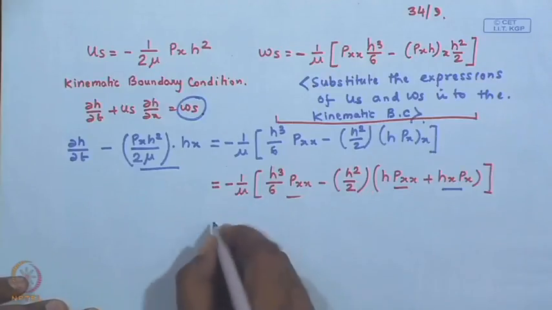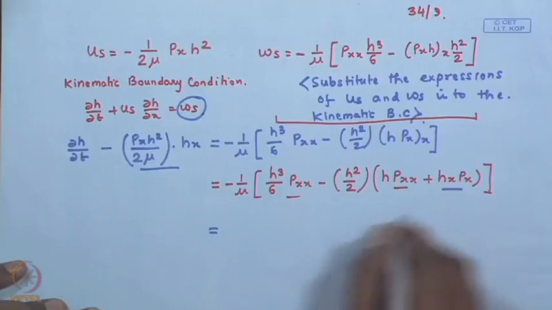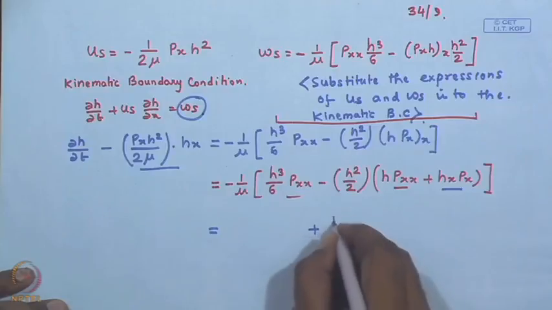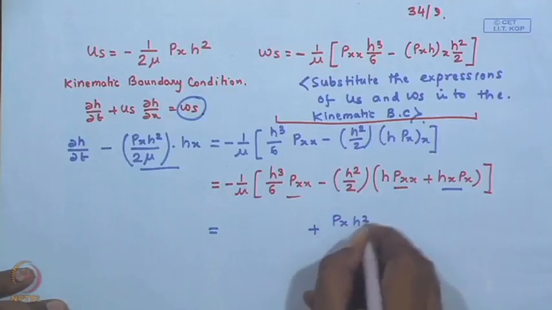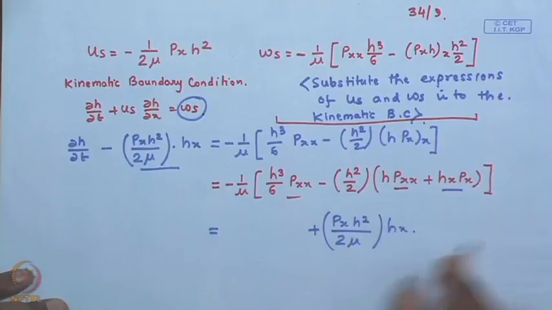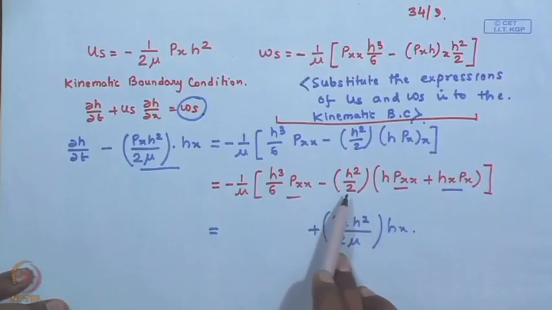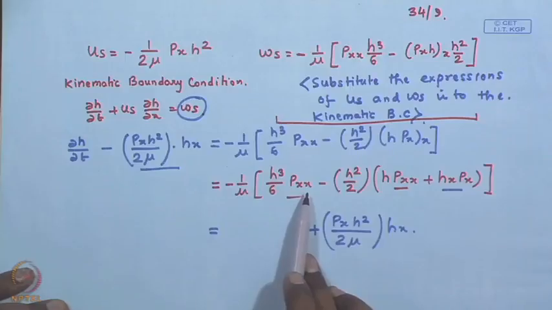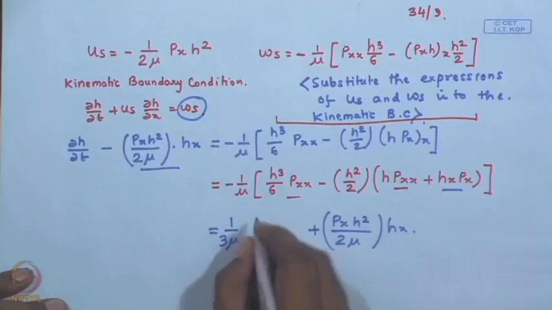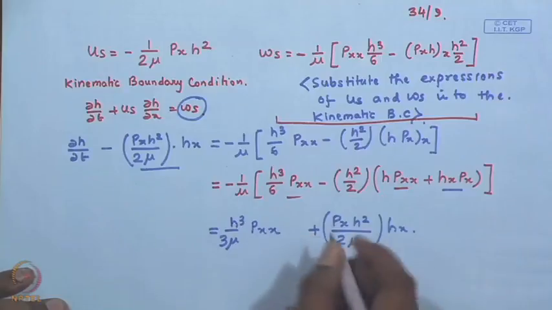So, this second term results in a plus px h²/2μ into hx, and the first term actually is now half minus 1/6, so it is essentially 1/3μ h³ into pxx.